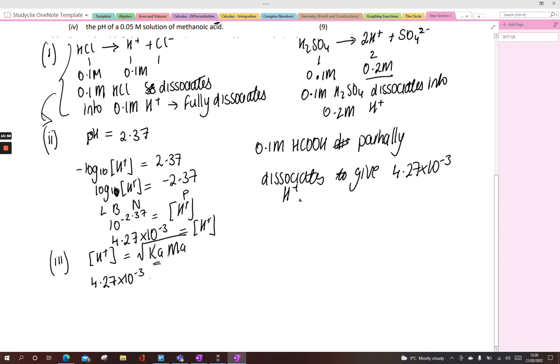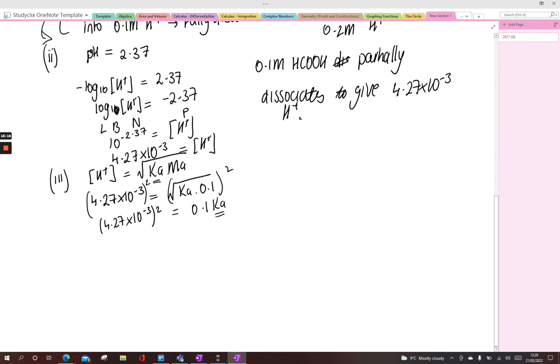Now this is a tough question. This is the square root of Ka, the molarity there is 0.1. Now how do I get rid of that square root? You square both sides. And that leaves me with 4.27 by 10 to the minus 3 squared is equal to 0.1 Ka.